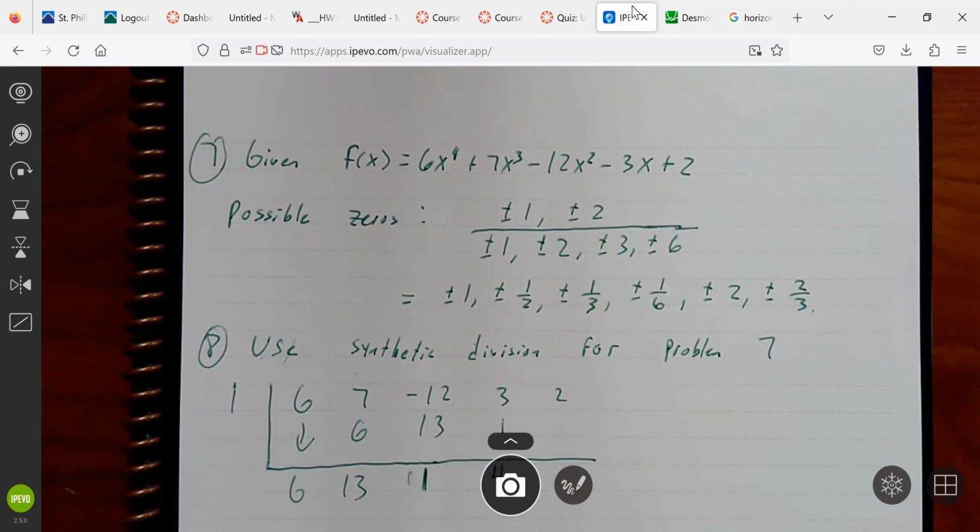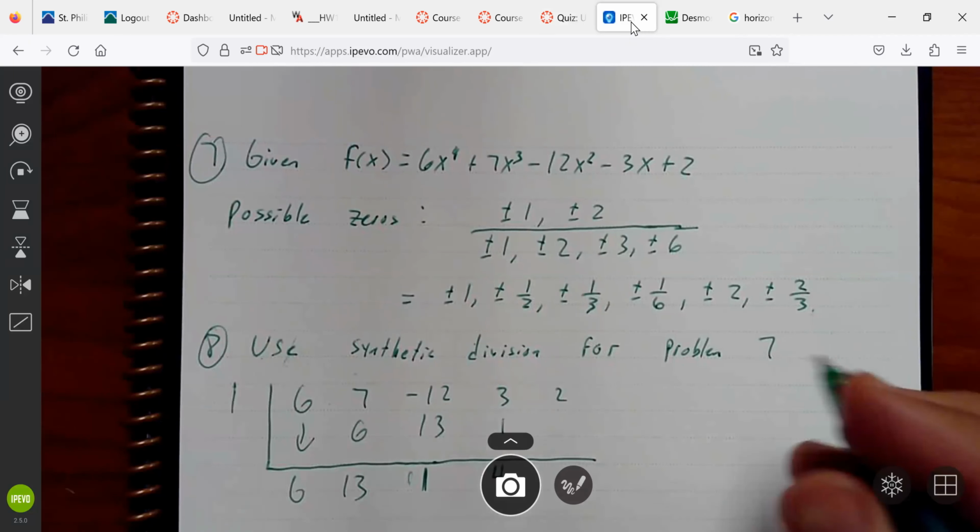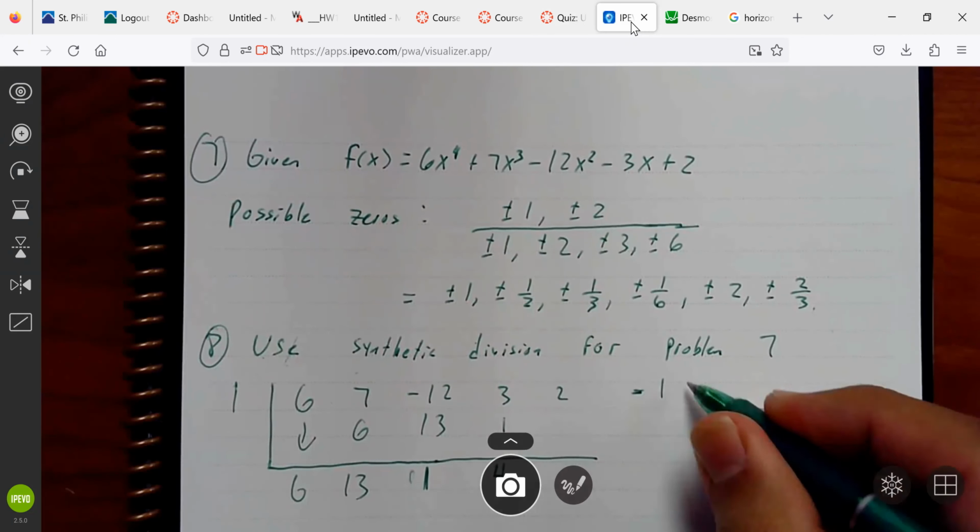I guess if they said k is equal to 1, they may have meant k equal 1 is a factor. Or maybe they're not telling us at all. I don't know. We'll try negative 1. See if I'm right or not.